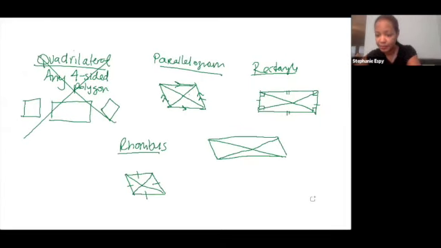Okay, Jordan, let me see if I can do something. Jordan, if I share my whiteboard, can you show us what you did? I think I have to give, let me see. Maybe I have to make you a co-host, Jordan, briefly, and then see if you now can annotate on the screen. If you go where the little toolbar is, you should see something there that allows you to annotate.